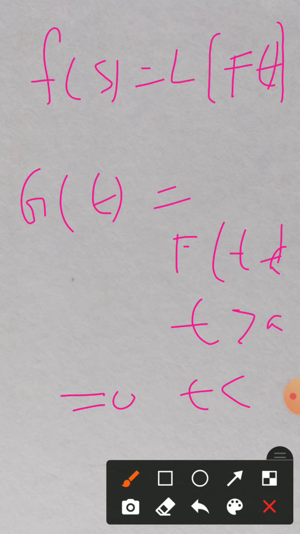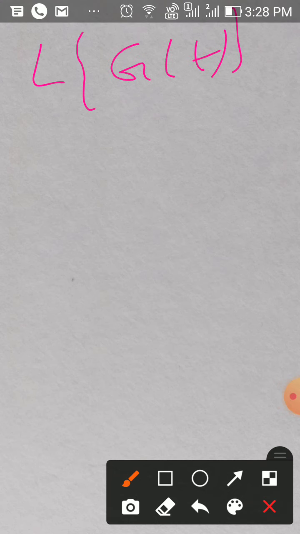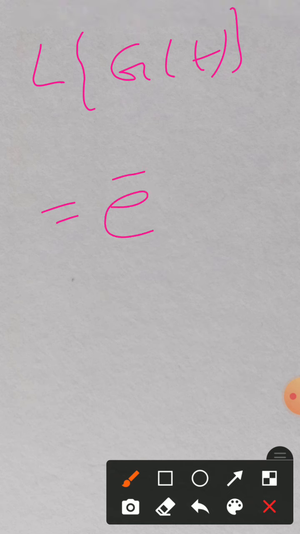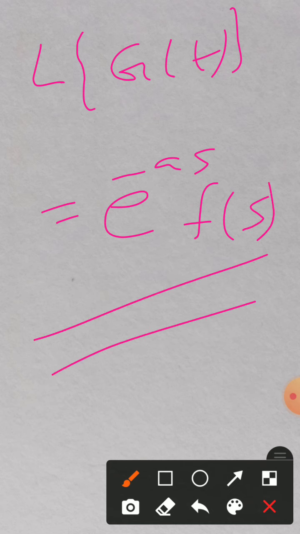If the Laplace transform of f(t) is F(s), number one, and second is a new function g(t) is in such a way its value is f(t minus a) for t greater than a, it is 0 when t is less than a. In that case, this theorem states the Laplace transform of the new function g(t) will be equal to e raised to power minus as F(s). This we will have to prove.